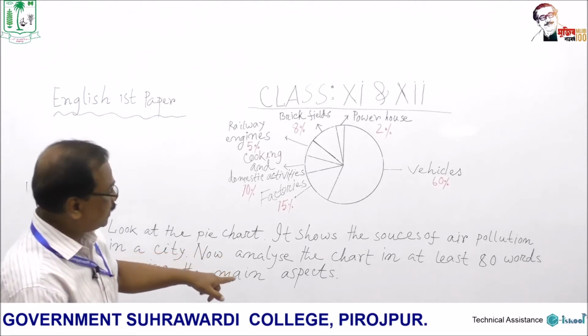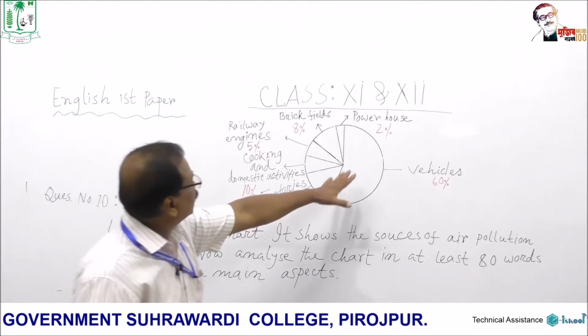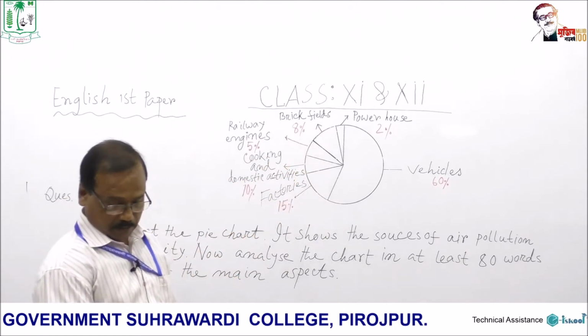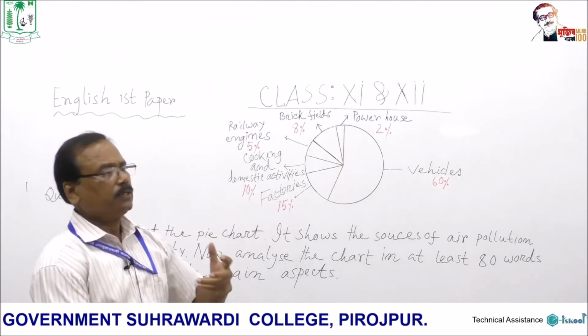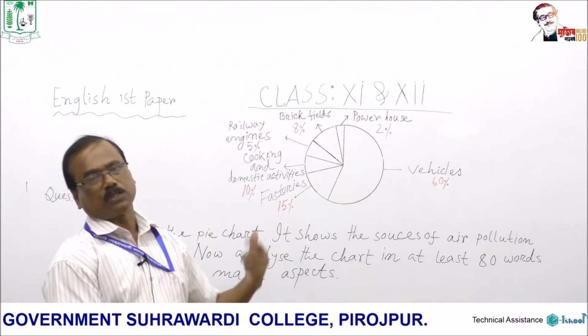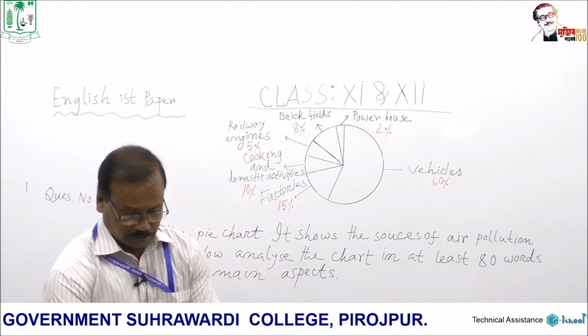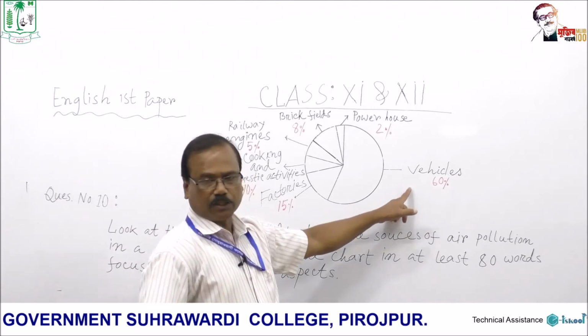And the second sentence, in the chart, we notice 6 kinds of sources of air pollution. And what are the sources? You can mention the names of the sources. So the third sentence will be, there are vehicles.